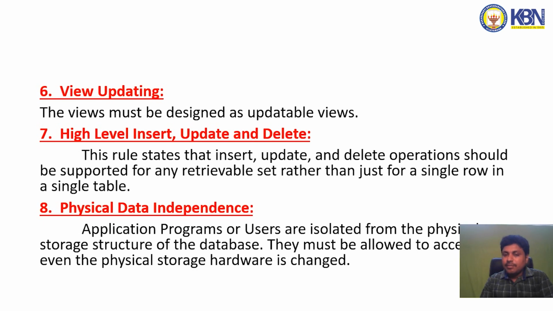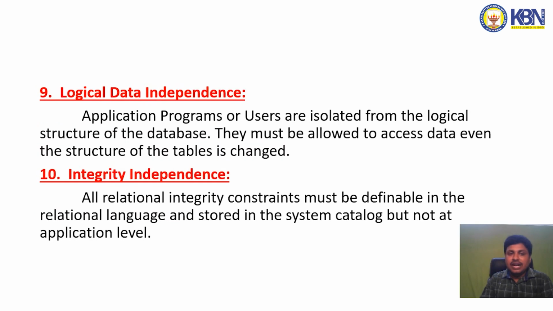The total information we store in the database, and the database can be accessed independently. So that's why we use this rule. And another rule, logical data independence. Application programs or users are isolated from the logical structure of the database. So the user can access data even if the structure of the table is changed.